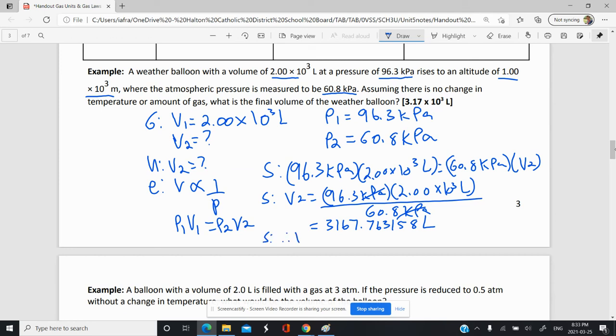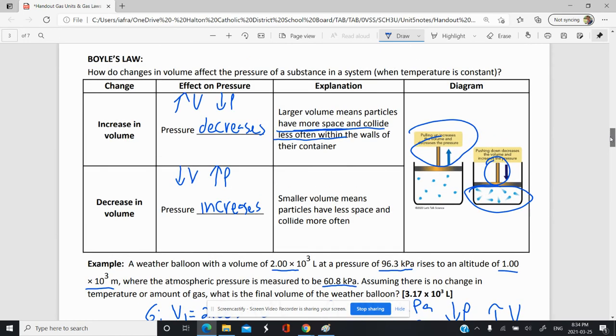So therefore, the final volume is approximately, it looks like 3 sig figs is what we need, so we can round up to 3,170 liters. And this makes sense because this is larger than our 2,000 liters that we had before. So the pressure went down, and the volume therefore went up compared to V1. And so that was an example using Boyle's law.